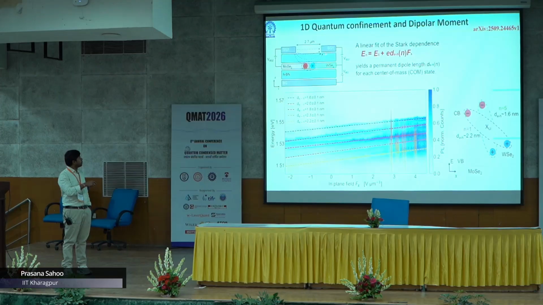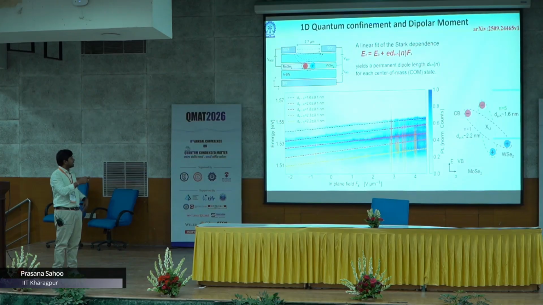Okay, so what more can we do is measure the dipole length of this. One can use a split gate, and when you apply enough planar field to the interface, you can see the Stark shift from negative in-plane field as a function of in-plane field, and the energy of all 5 states of these excitons is blue shifting as a function of field.